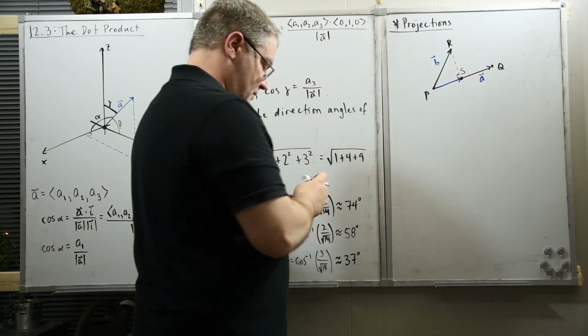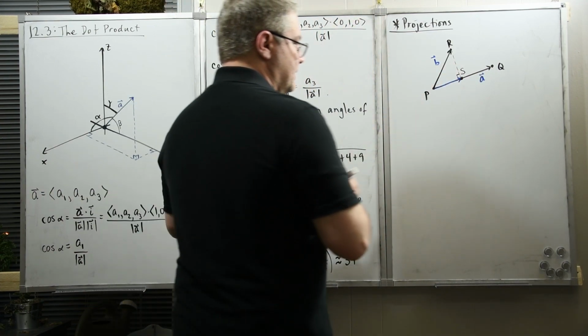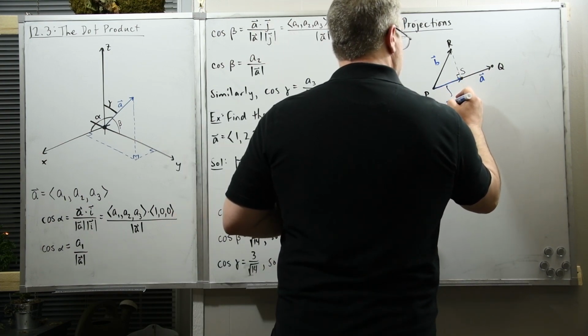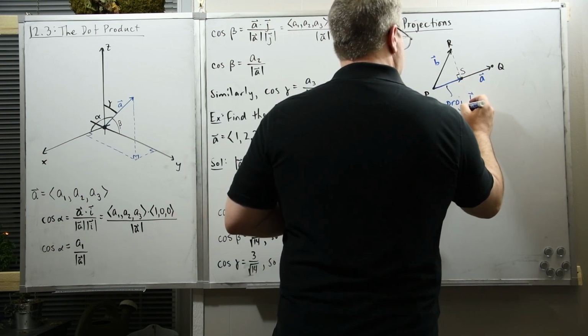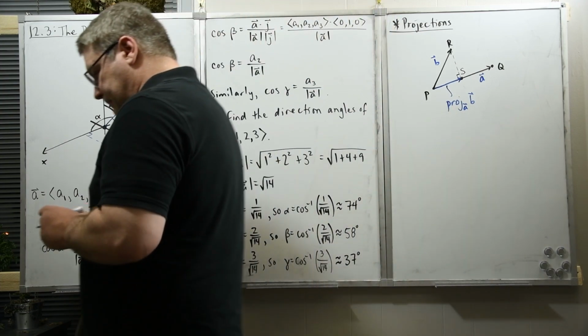We can call it S. But yeah, this vector here is what we refer to as the projection of B onto A.